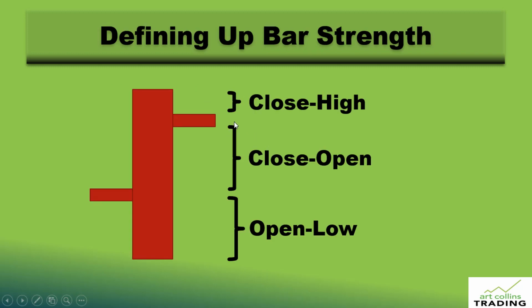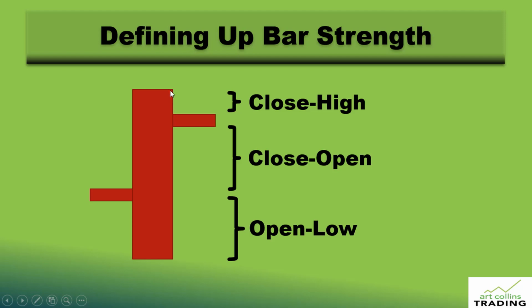So to get a value on an up bar, we have to separate the up from the down bars. We determine areas that are making it stronger and areas that are making it weaker. And we start with the top here. We're going to go from the close to the high rather than the high to the close, because however high it went at the high of the day is ultimately a rejection relative to where it closes.